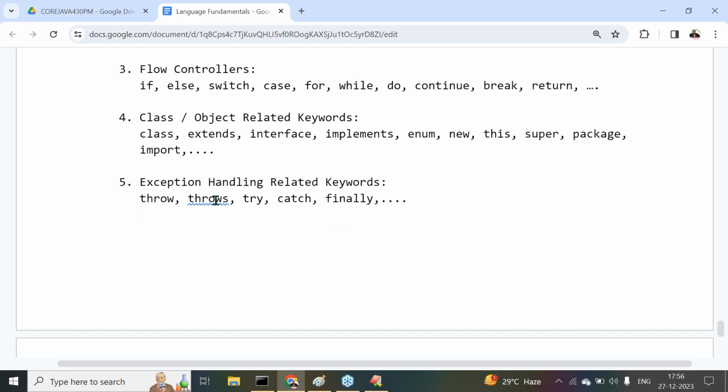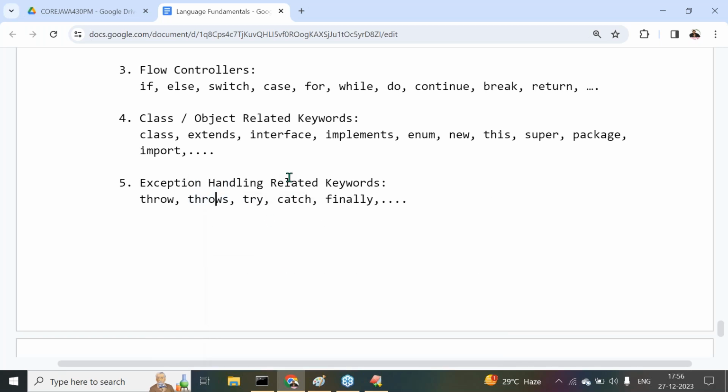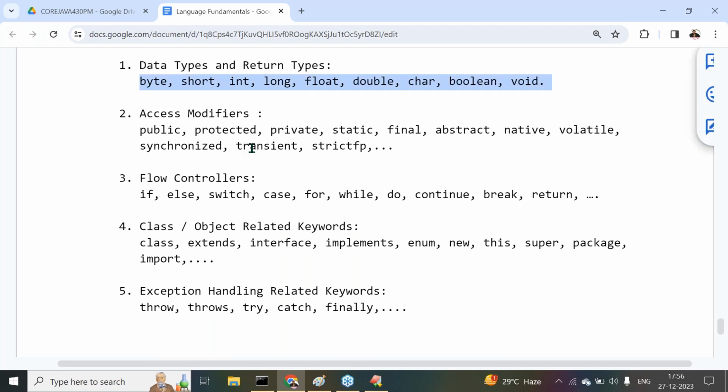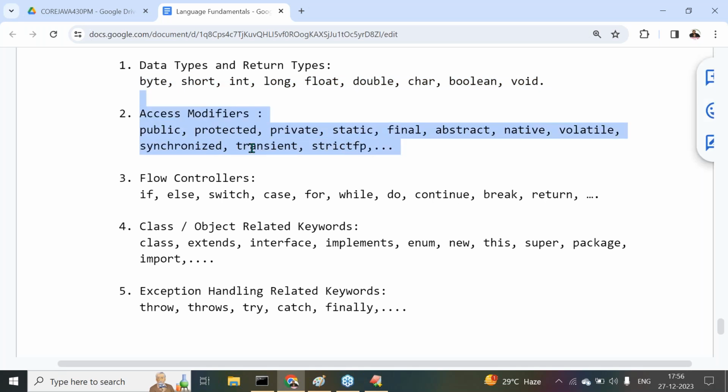In the list of keywords, data types and return types are byte, short, int, long, float, double, boolean, char, and void. Access modifiers: public, protected, private, static, final, abstract, native, volatile, synchronized, transient, strictfp.